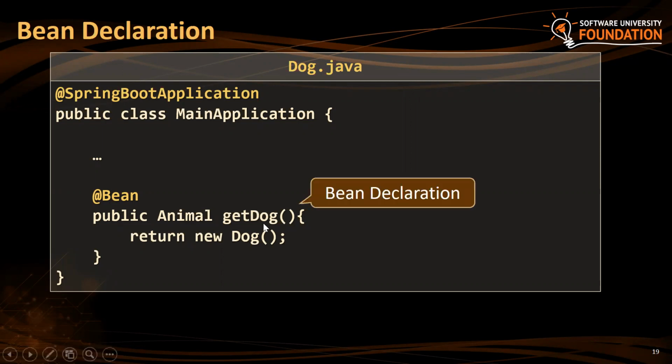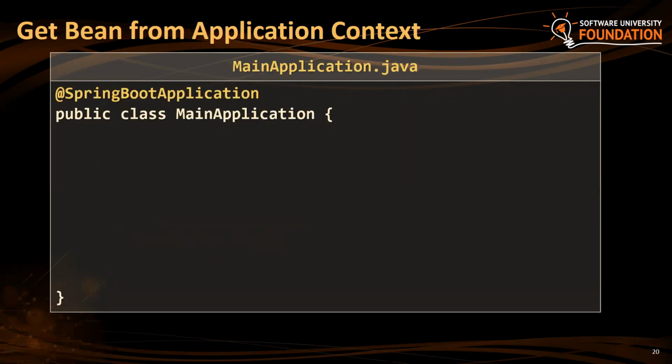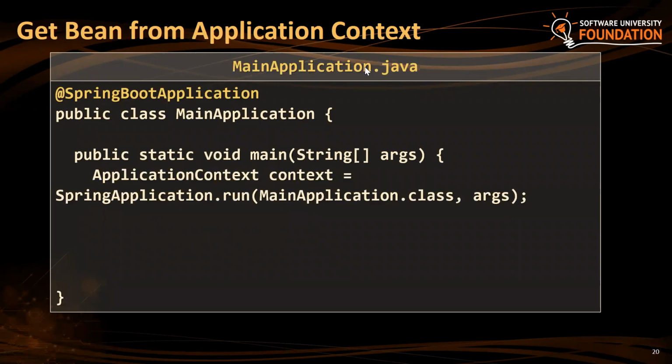This is a bean declaration, like how getDog will work. It will give the dog object. This is how it happens from the factory level. See, this is the main application. Whenever you create any Spring Boot application, there will be one main class annotated with @SpringBootApplication.